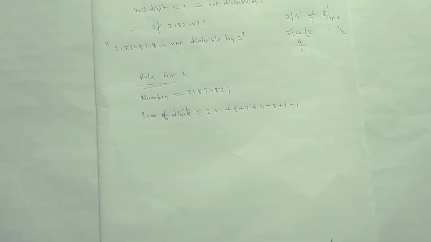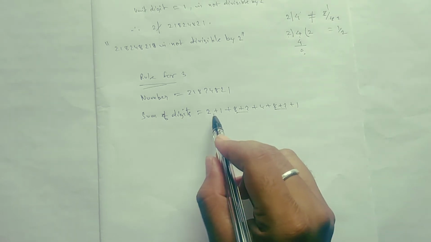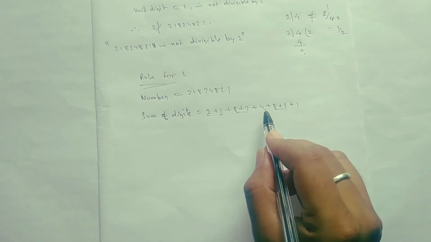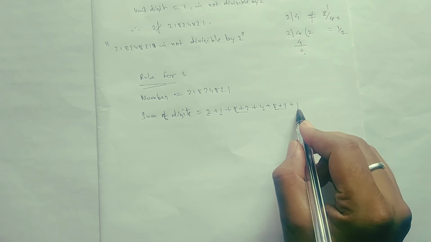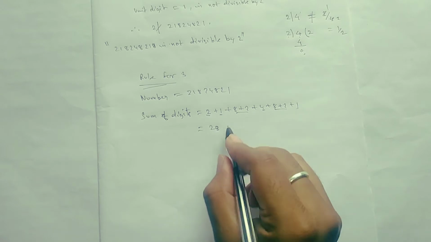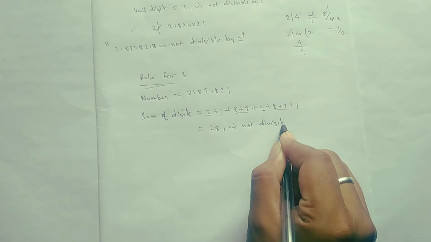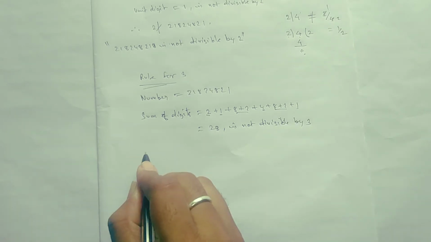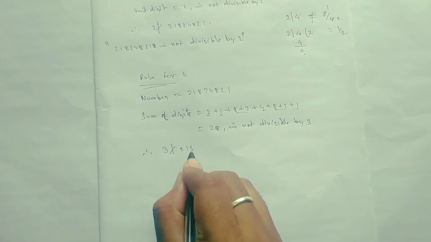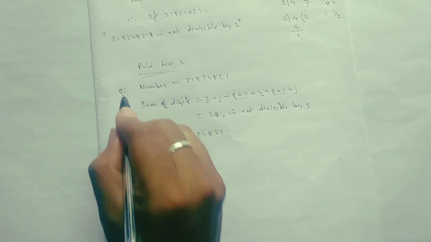Now you add it here: 10, 20, 22, 23, 27 and 28. We are getting 28, which is not divisible by 3. Therefore 3 does not divide 21824821.